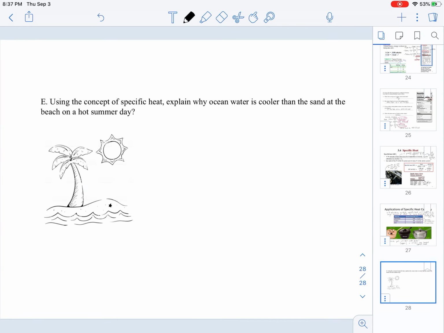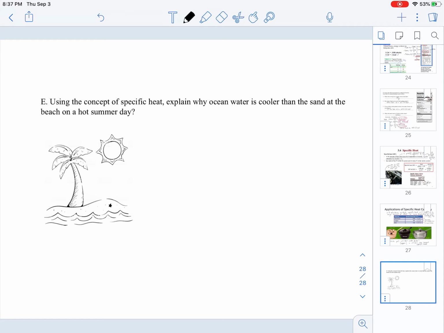In part E of the worksheet, we also have another application for specific heat. This is more related to those of us that live in Southern California. The question reads, using the concept of specific heat, explain why ocean water is cooler than sand at the beach on a hot summer day.